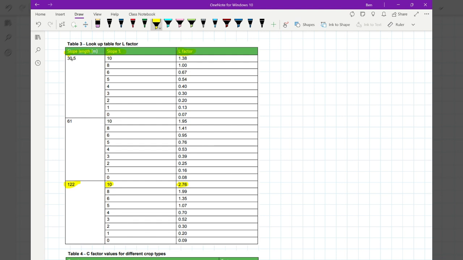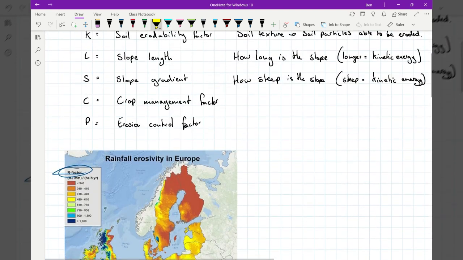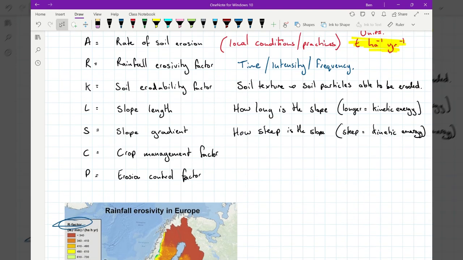If we have a short slope with a very low gradient, we have a very low factor. You can see we multiply these two together to give us that total factor, so it can be written as LS sometimes.